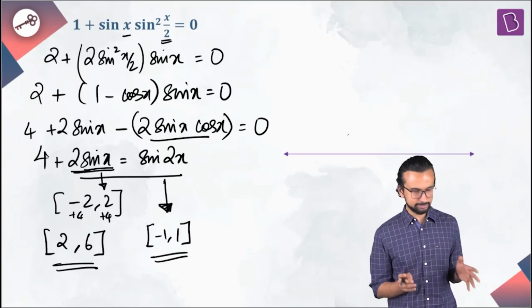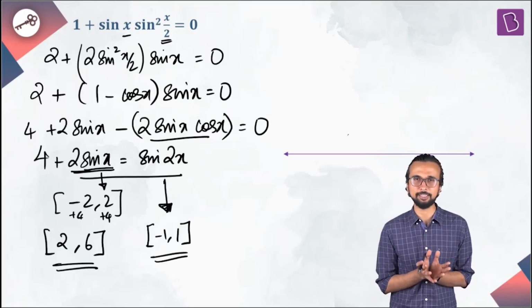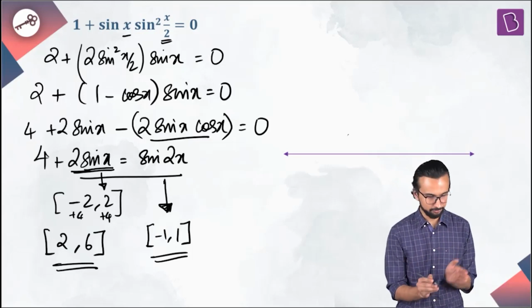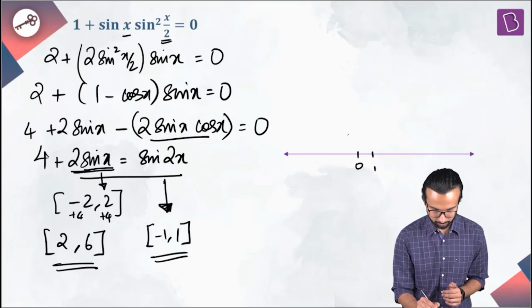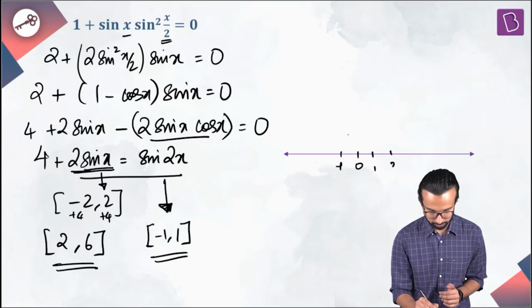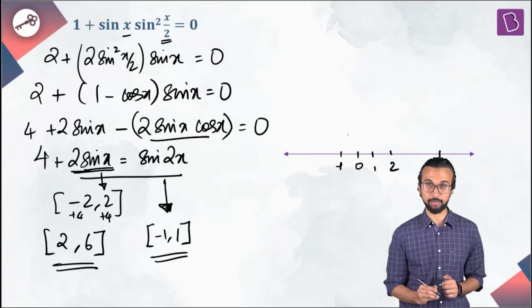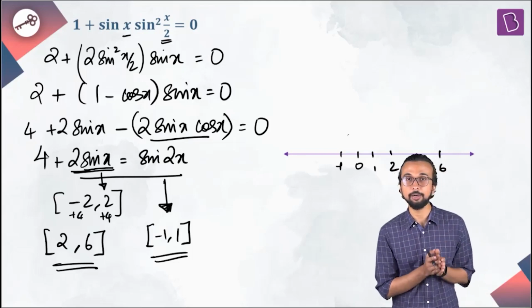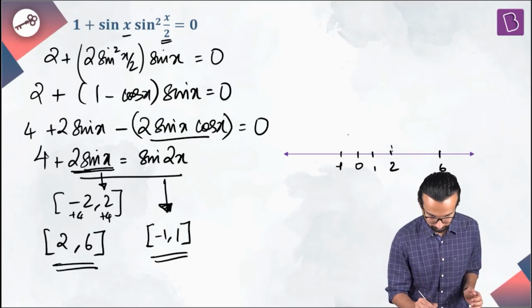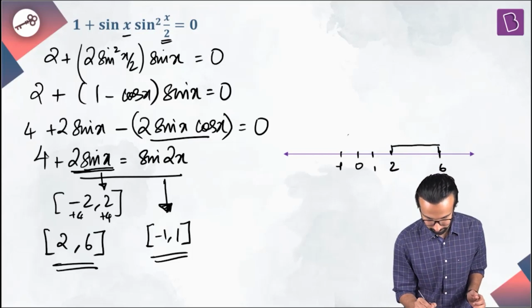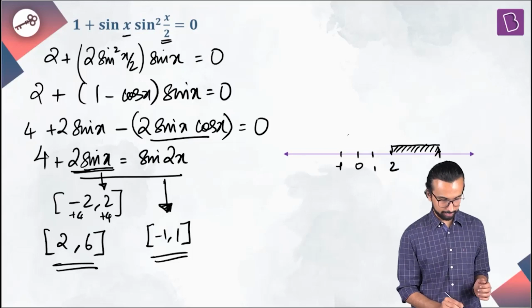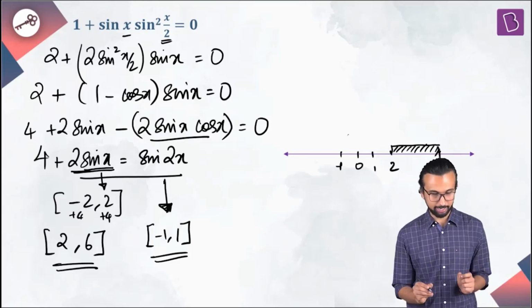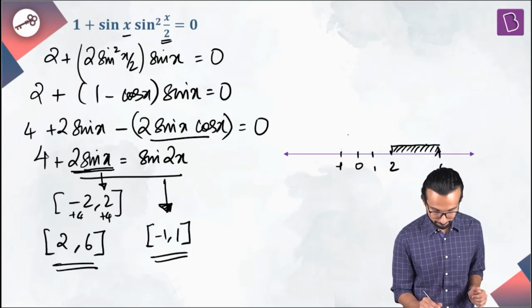So what does that imply in this context? Let's plot a random number line here and plot these values out, 2 and 6. Our LHS is between 2 and 6, so somewhere in this region is where our LHS will lie. Our RHS is between minus 1 and 1.